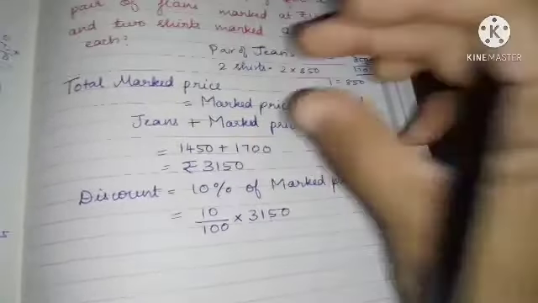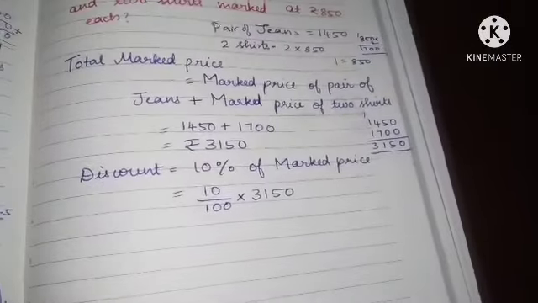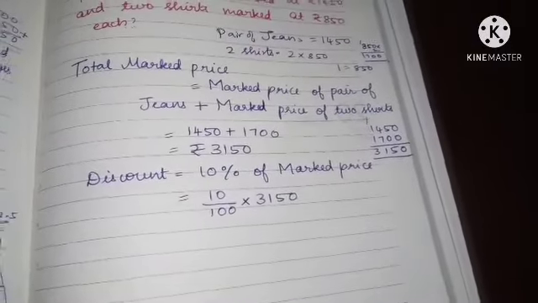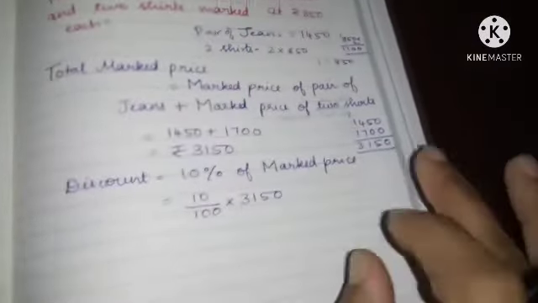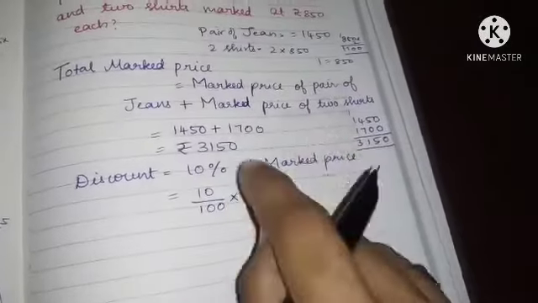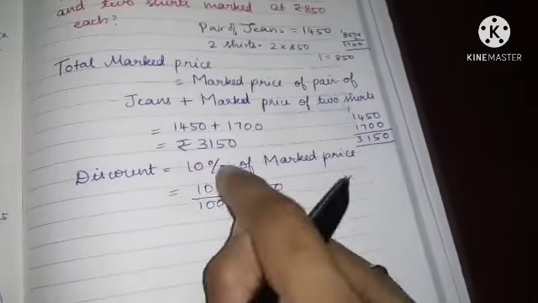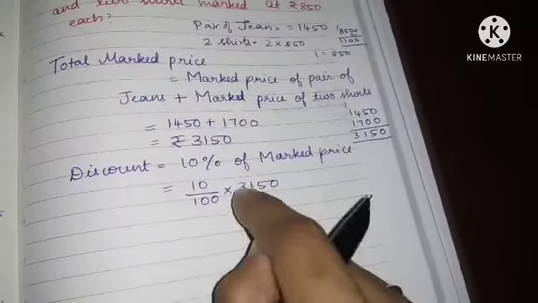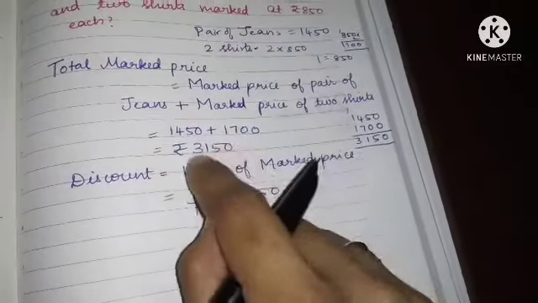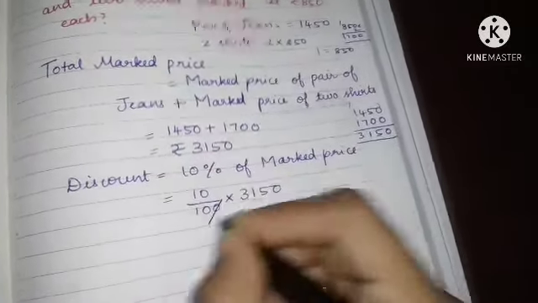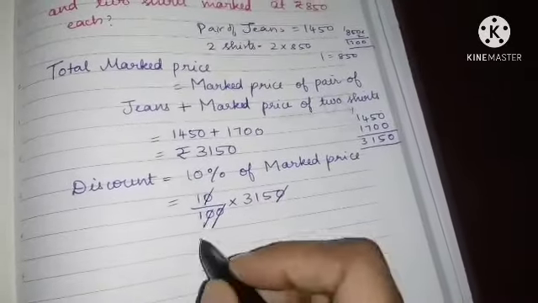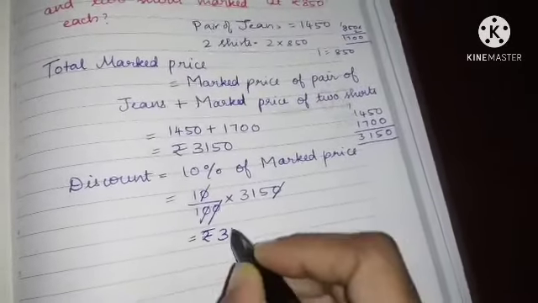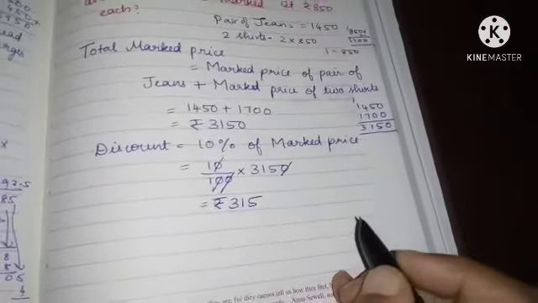Did you understand? This is the marked price, and they told that there is a discount on this marked price. So discount is 10% of the marked price. 10 by 100 into 3150. 0 0 cancel, 0 0 cancel. So you are getting the discount amount as rupees 315.